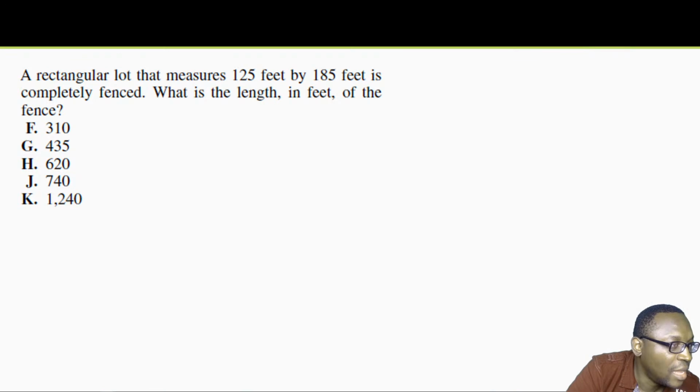Okay, I don't see a response yet, so we'll go ahead and get started with this question, and I'm sure as people get familiar with what we're doing, you'll be able to participate.